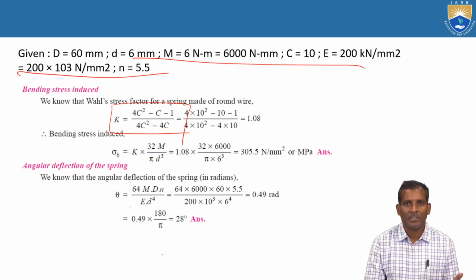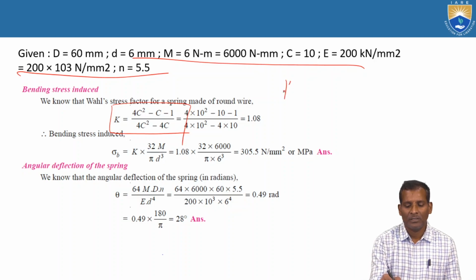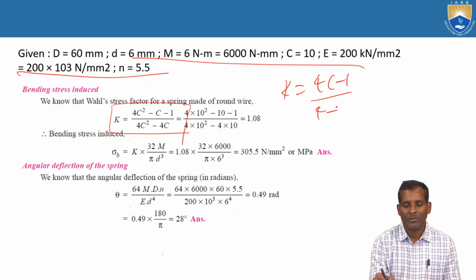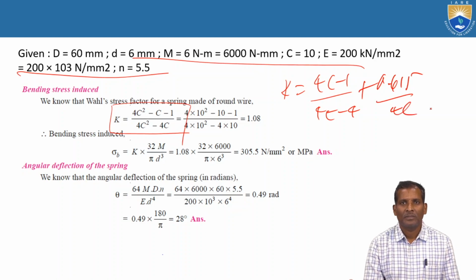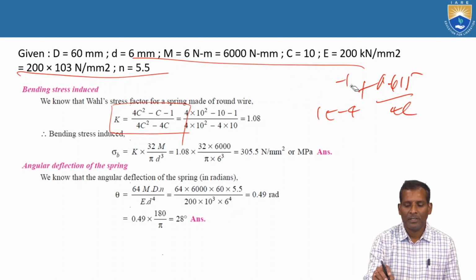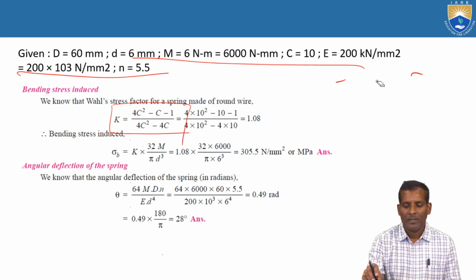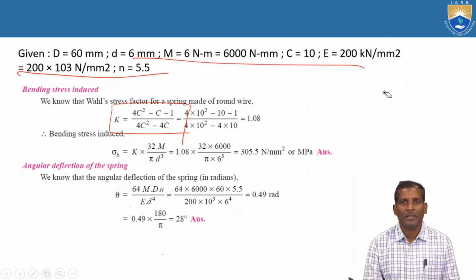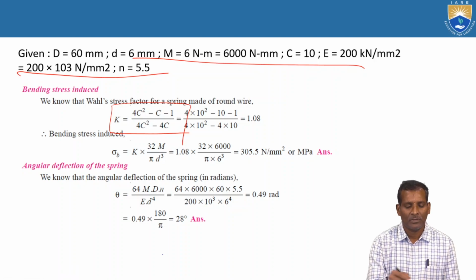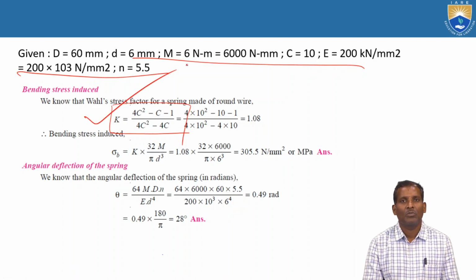For a helical compression spring, as you already know, K is equal to 4C minus 1 by 4C minus 4 plus 0.615 by C. Clear? So this is for a helical spring, and the given spring in this problem is a torsional spring, so that's why I apply this Wahl stress factor.